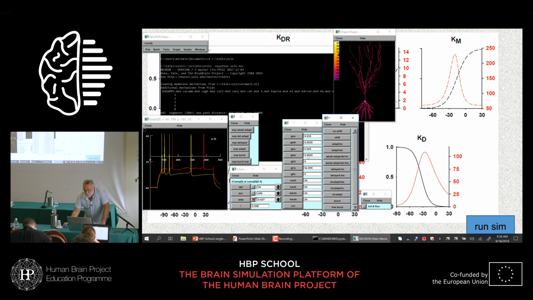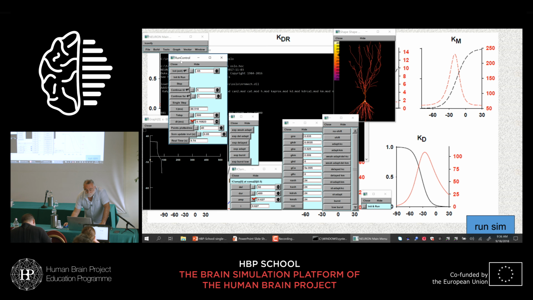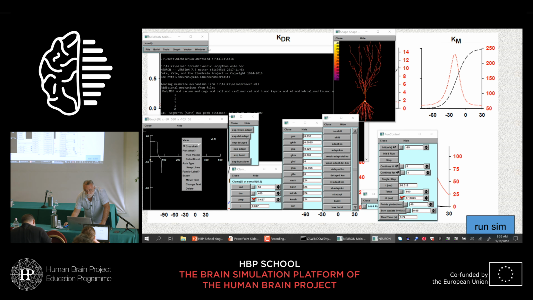Of course, if I reduce the potassium, the Km, I would get a different effect. I reduced it from whatever it was to 0.6.